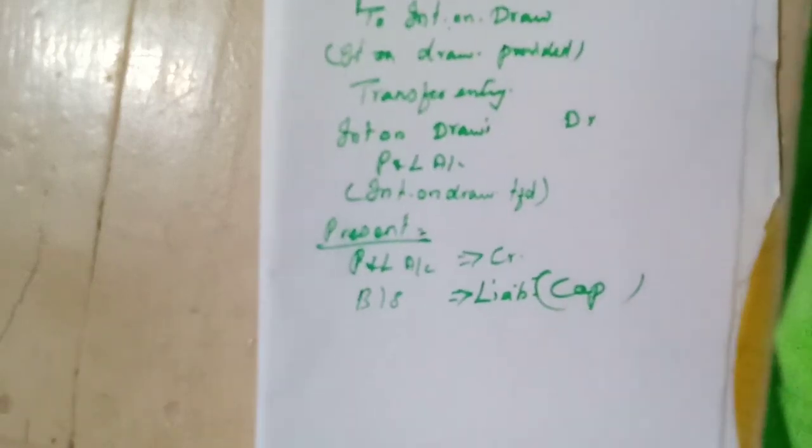We will see one illustration. Example: the trial balance on 31st March 2016 shows capital as 1,50,000, drawings as 10,000.